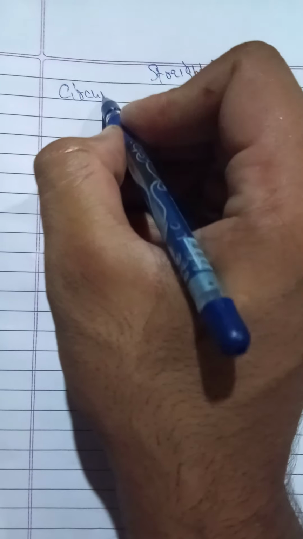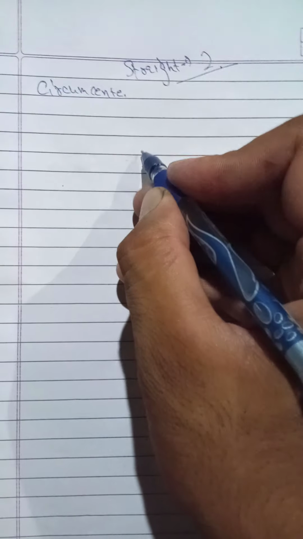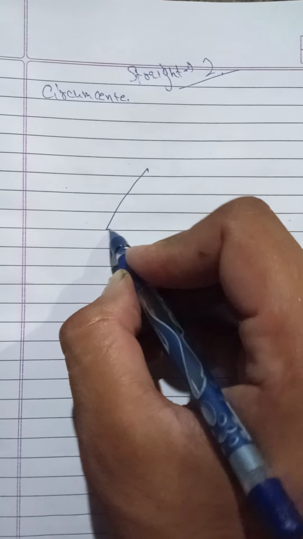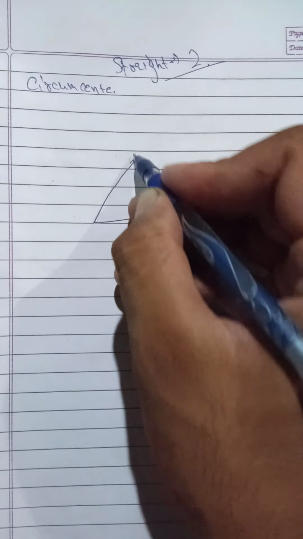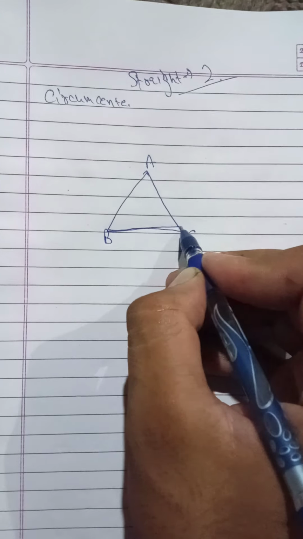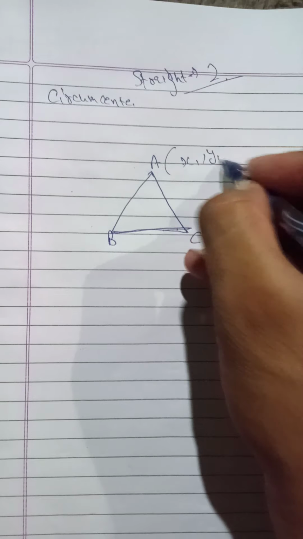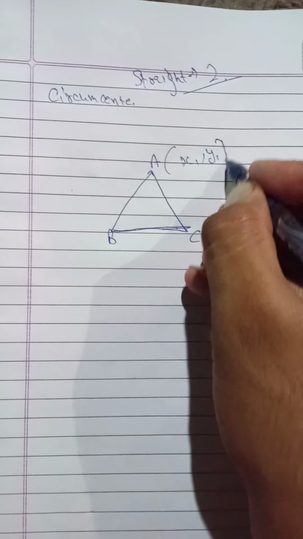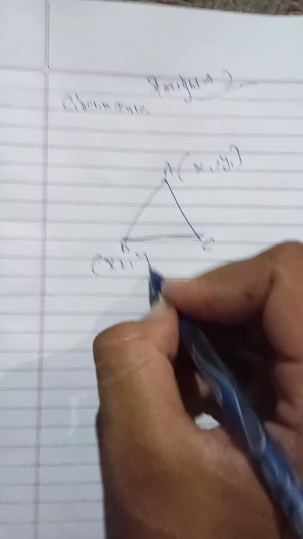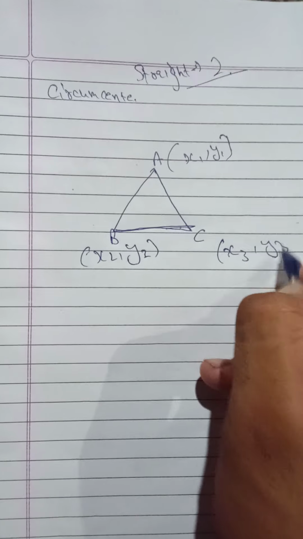The first is circumcenter. If we have a triangle ABC made of straight lines, and the coordinates will be x1, y1, x2, y2 and x3, y3 in the Cartesian plane.